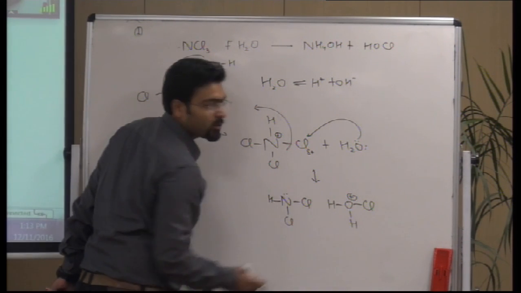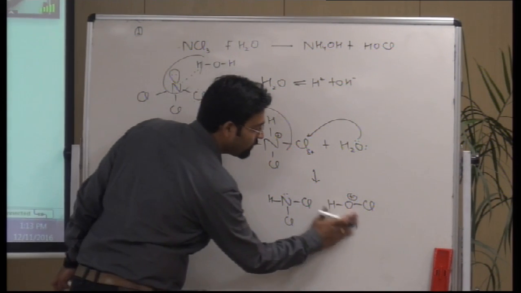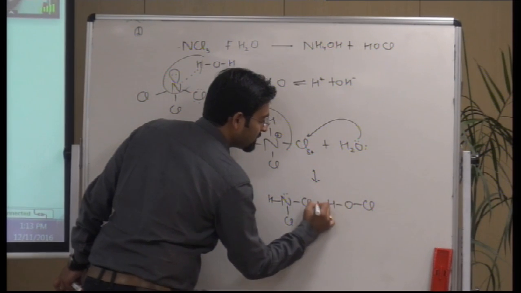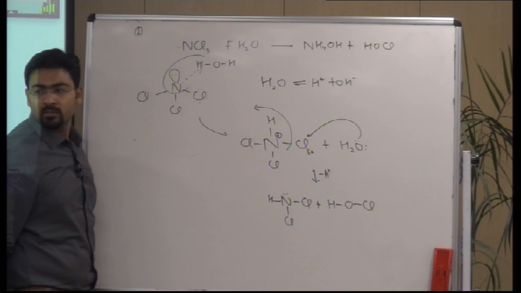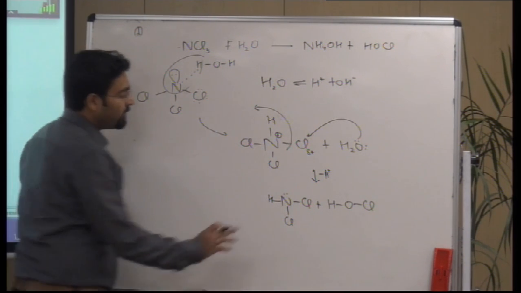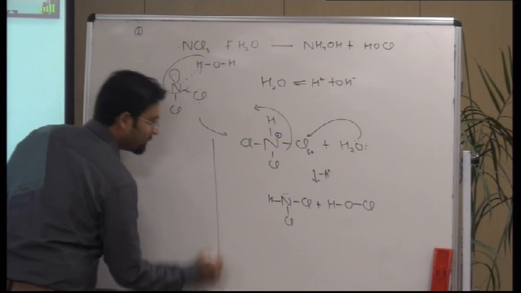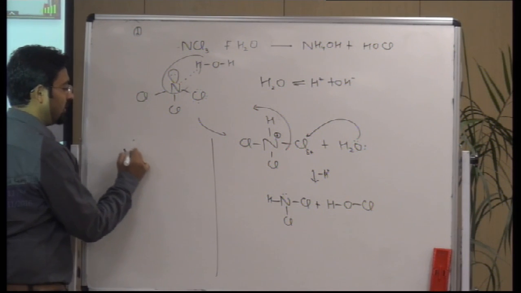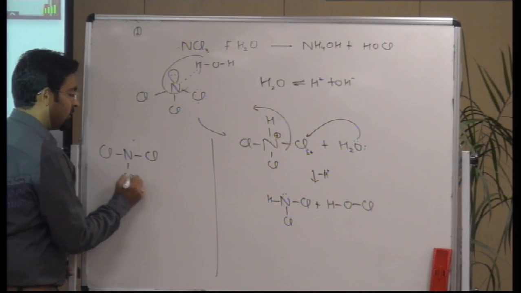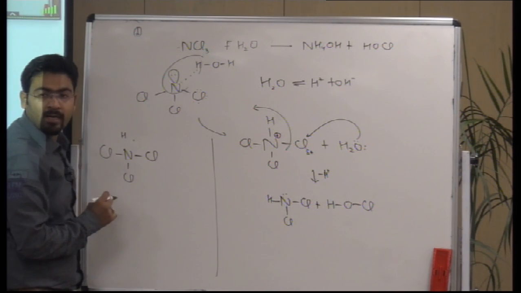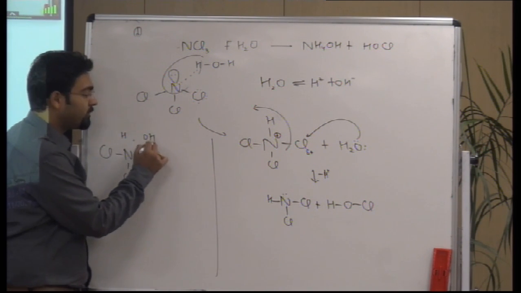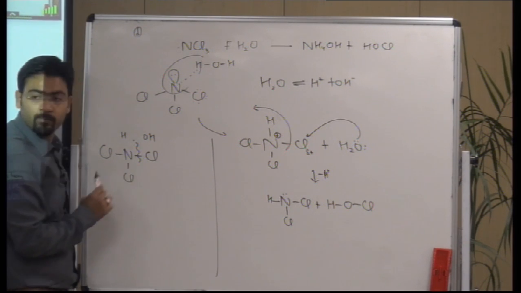Obviously, oxygen with a positive charge will not be stable. It will remove H plus and will form this HOCl. So in one step, if I just summarize the mechanism of the reaction, when I'm hydrolyzing NCl, the hydrogen got added to the nitrogen and OH got added to the chlorine, and this bond broke.